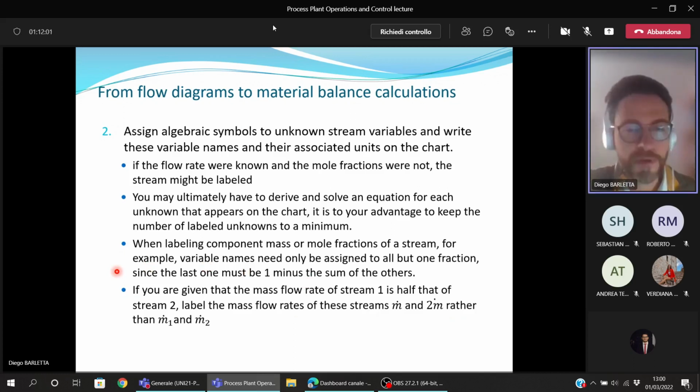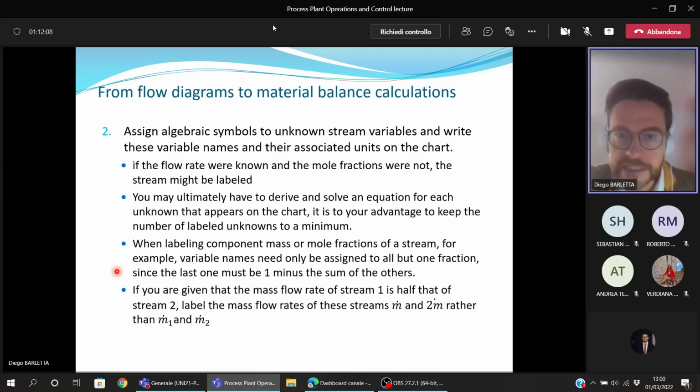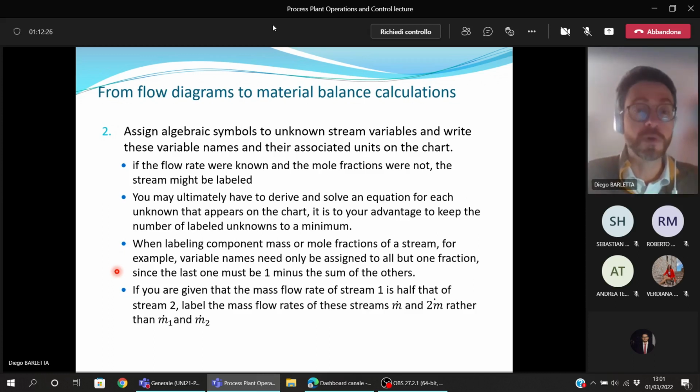Following what we were saying before. If we are labeling the mass or the mole fraction, it's not necessary to label the fractions of all the components, but it is sufficient to do it for all but one, considering that the sum of all the mole fractions is equal to 1.